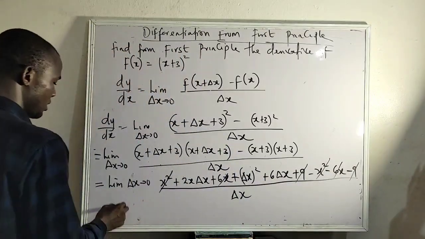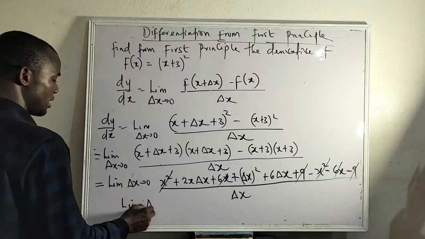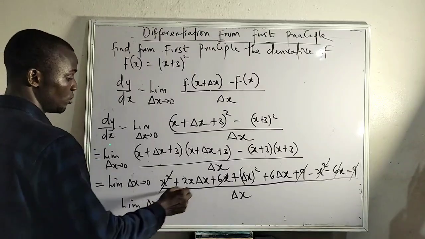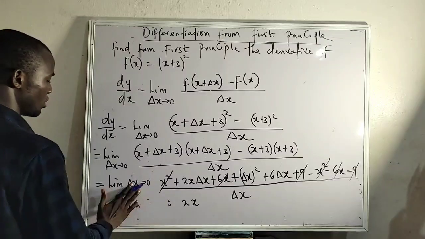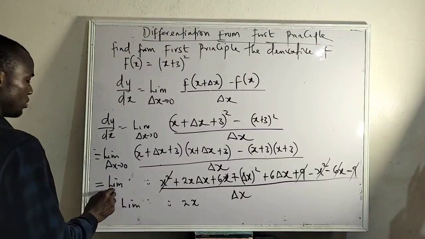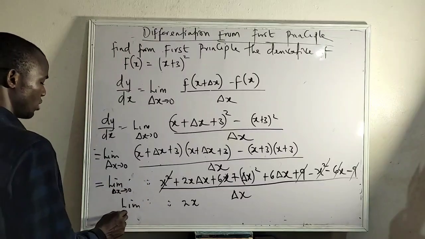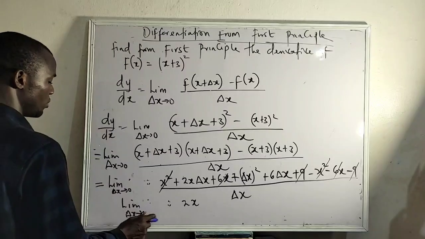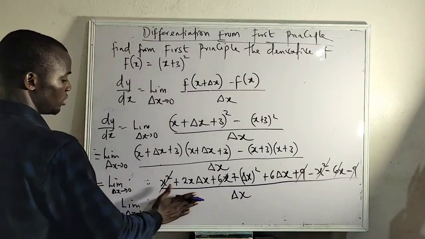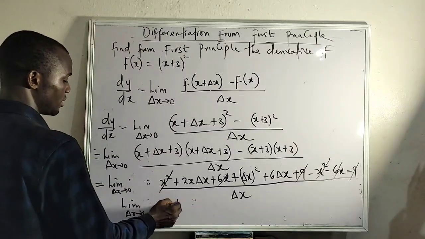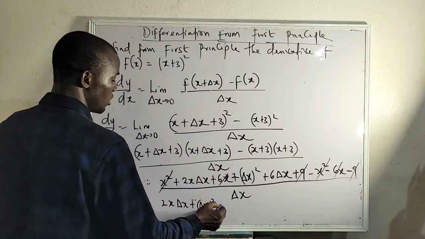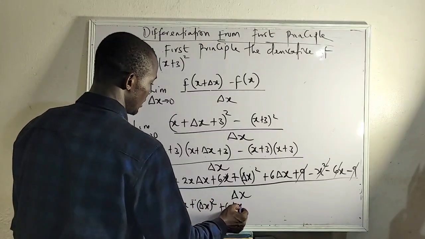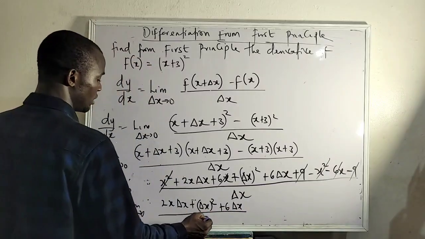We are left with the limit as change in x approaches 0 of 2x change in x plus change in x squared plus 6 change in x, over change in x.